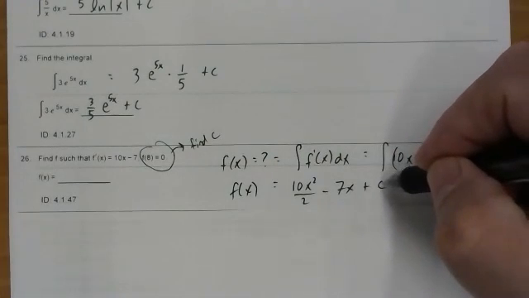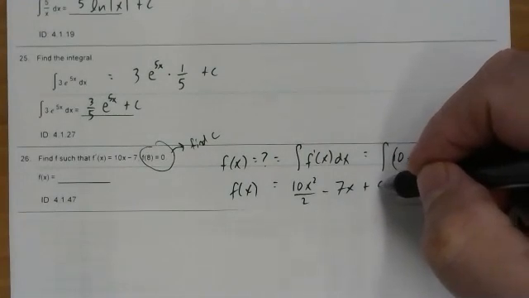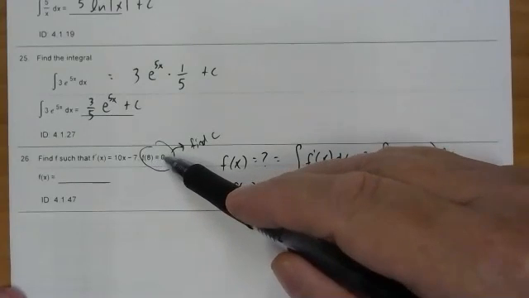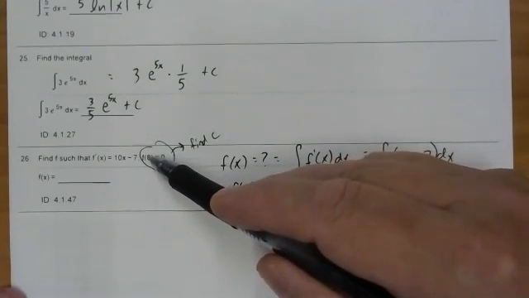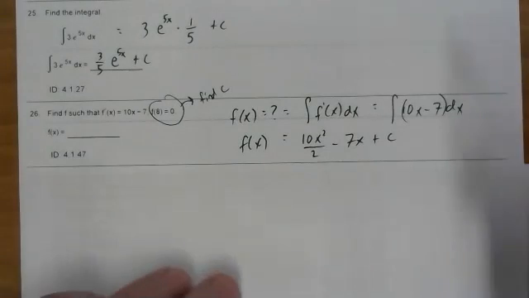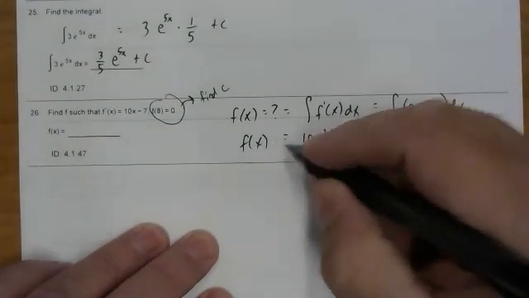Now we want to go ahead and find out what number c is equal to. And that's why they give us this. They say f of 8 equals 0. That means if we set x equal to 8, the function equals 0. So that's what I'm going to do right here.